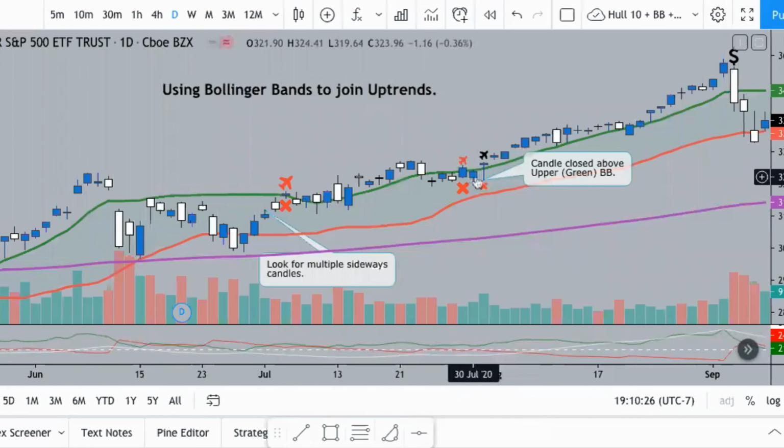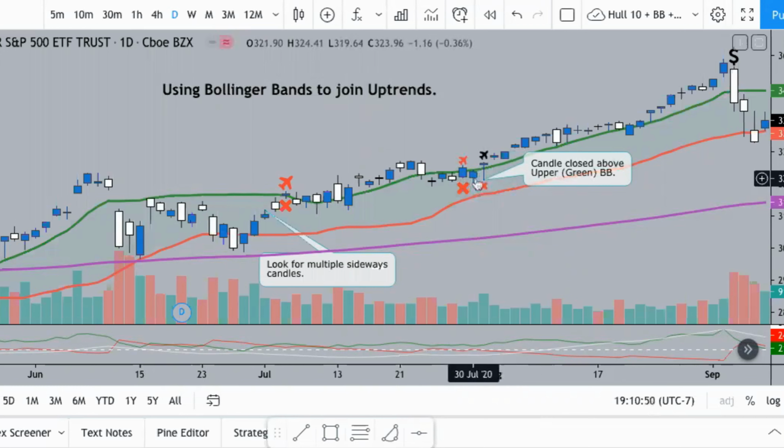And we can see that primarily it really traded underneath the green line or in between the green line and the red line, this candle here from July 30th. Now, on July 31st, we got another signal, okay? Nice and clean. Price closed above the upper Bollinger Band. All right, so let's go ahead and start here with step 1.